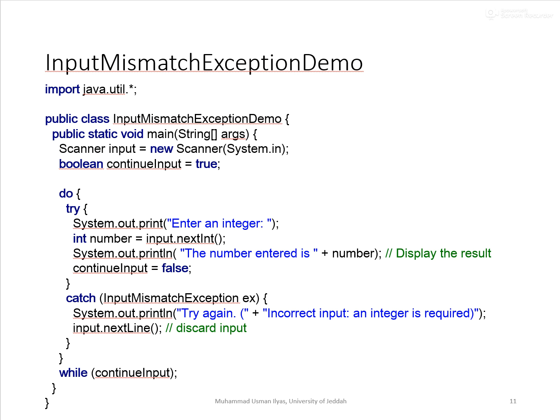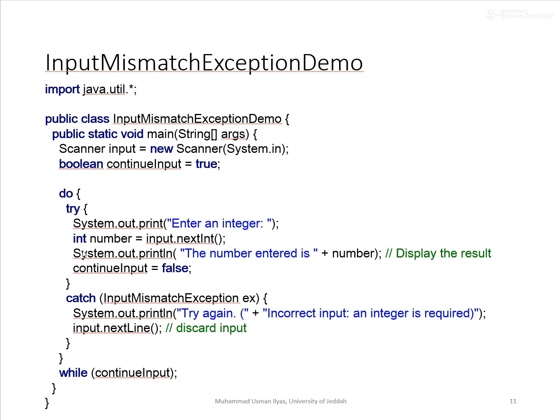And here's the code for this. So we go back to only a main method in this project. Again, the way we do this is we create a scanner object called input, and we have a do while loop.